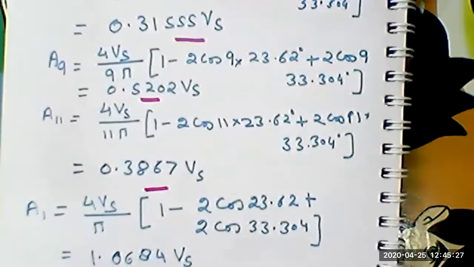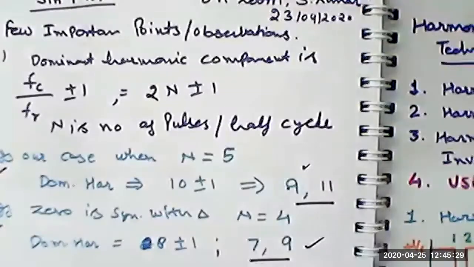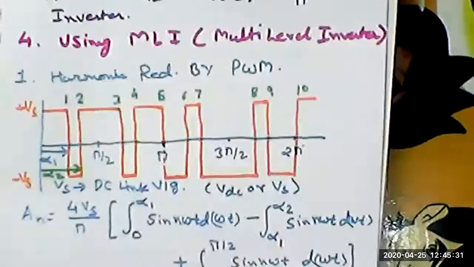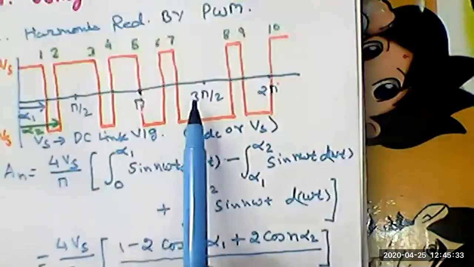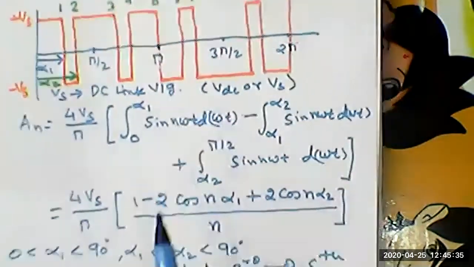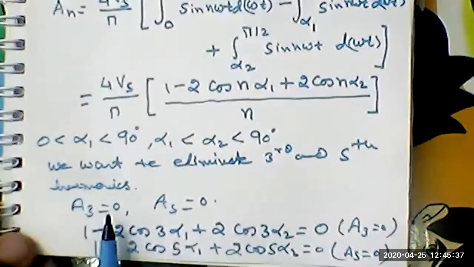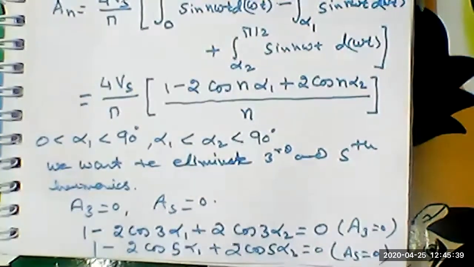Which means what we are seeing in this output is an absolute absence of the third and fifth harmonic.